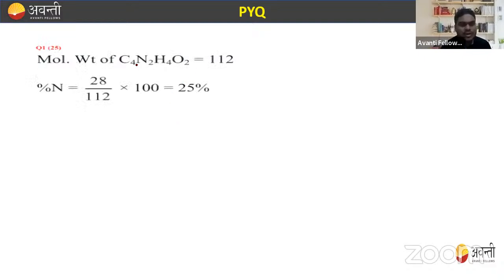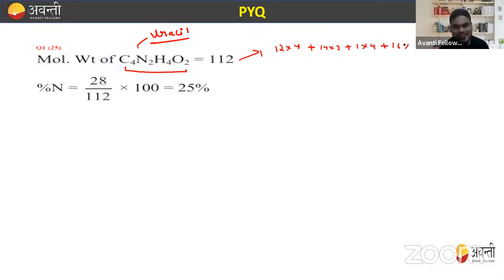We know that this structure is known as uracil, beta, right? We know that the molecular weight of uracil is 112. How does it come, beta? Carbon has 12, so multiply 12 into 4, plus N2 having 14, 14 into 2, plus 1 into 4, plus 16 into 2.